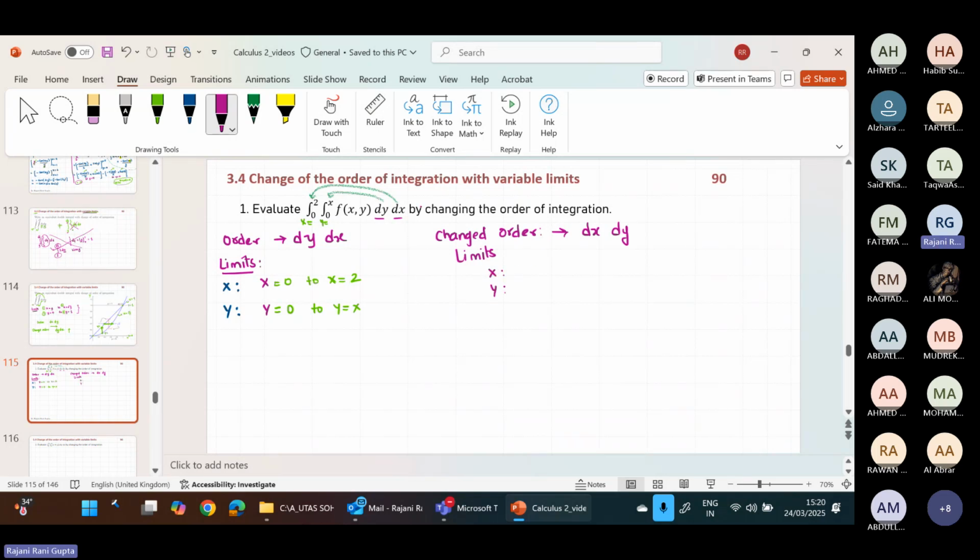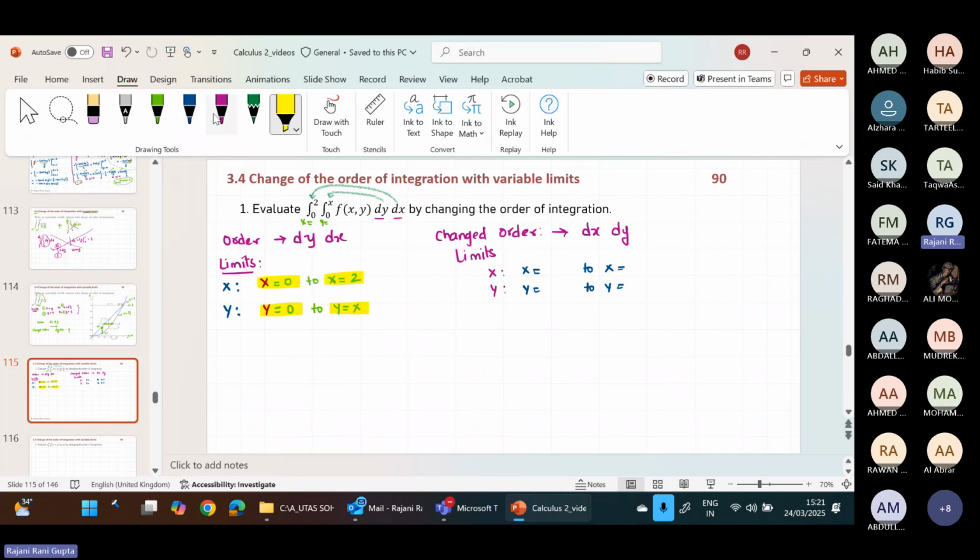So we are looking for x varying from which number to x equal to what, and y varying from which number to y equal to what. As you see here, you have 0, 2, 0 and the variable x, so you cannot simply change it. For this, you need to draw.